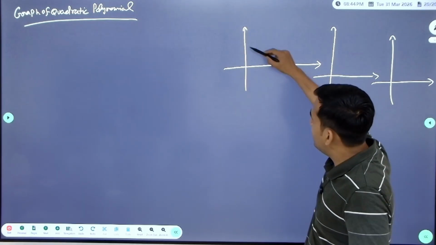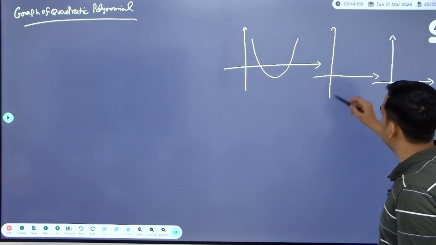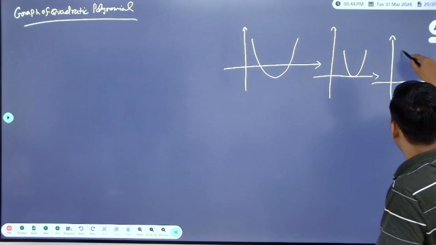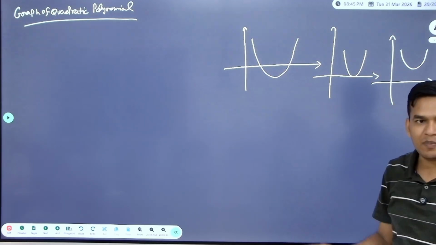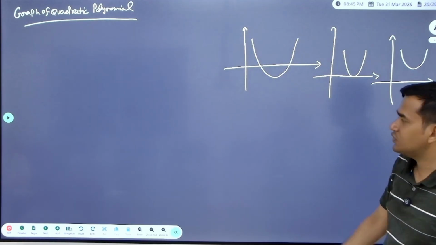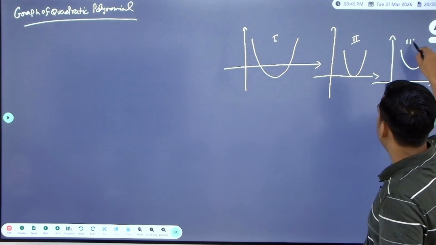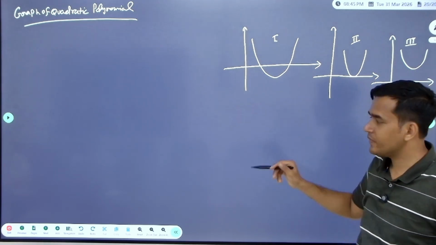So in upward, it may be intersecting x-axis 2 times, or it may be intersecting x-axis only 1 time, or it may not intersect x-axis at all. So these are the 3 types of upward parabola. So I am naming them 1, 2 and 3. These are 3 cases of upward parabola.